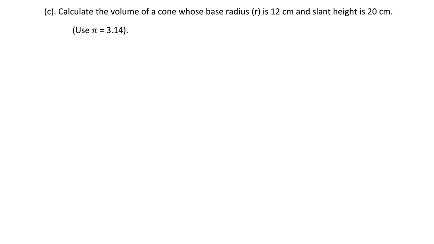Okay, so let us recall the formula for the volume of a cone, which says volume equals 1 over 3 pi r squared h, of which we have not been given the value for the height, but instead we have been given the value of the slant height. So we are going to use the Pythagoras theorem in order to find the value for h.